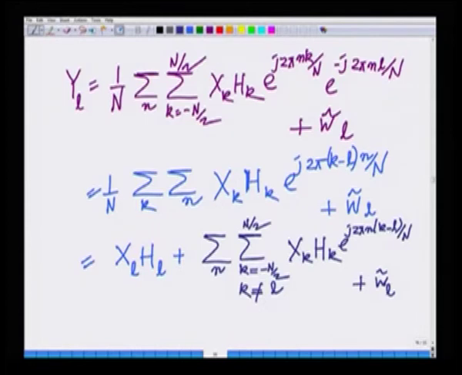And we see that when k is not equal to L, this summation, e^(j2πn(k-L)/N) summed over n, equals 0.